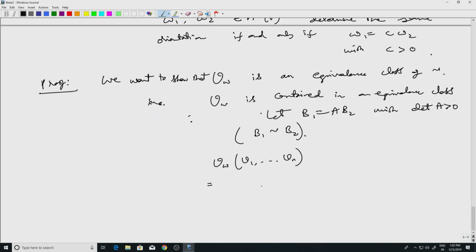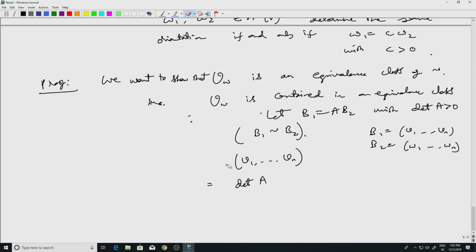If I write down V1 and so on in terms of the Wi's, then this will be the same as the determinant of the matrix A times, oops, this is not quite right, this doesn't make sense.